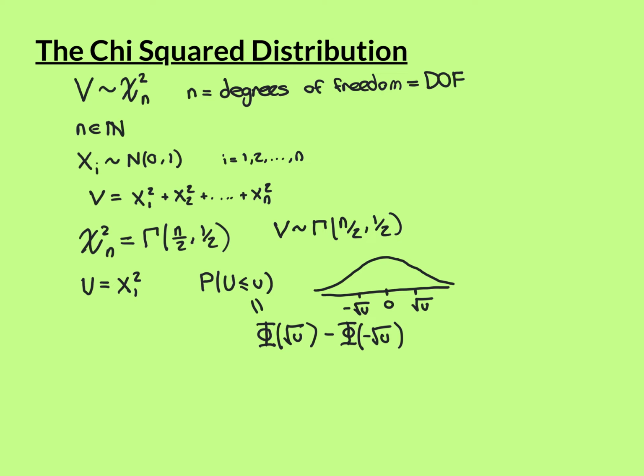So if we take this one and take this one away, then we'll end up with the bit that's in the middle, which is the bit that we want. So we've taken all of this area here, and then we've subtracted off this tail here, so we'll be left with just the area there. So that's going to be the probability that u is less than or equal to little u.